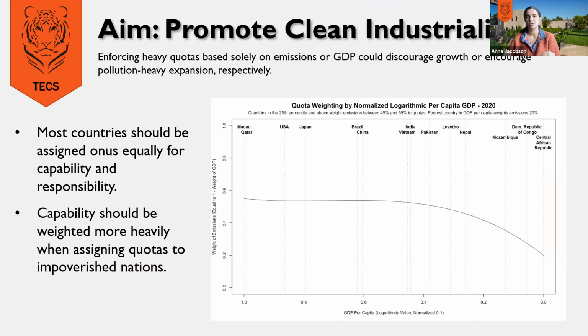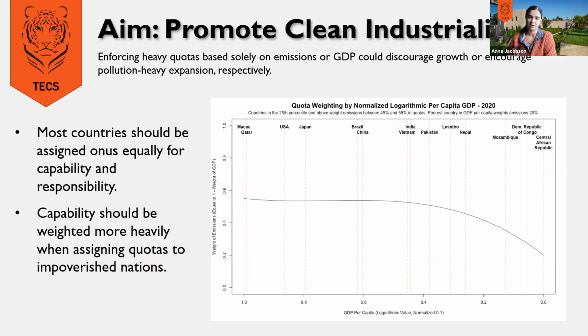That curve changes a little bit when we think about countries with very low GDP per capita, and that was our proxy for populations of impoverished persons. For those countries, because they still had a lot of mouths to feed, we wanted to make sure we weren't overburdening them. So we came up with this cubic function in which 75% of nations pay between 45 and 55% based on GDP and emissions.